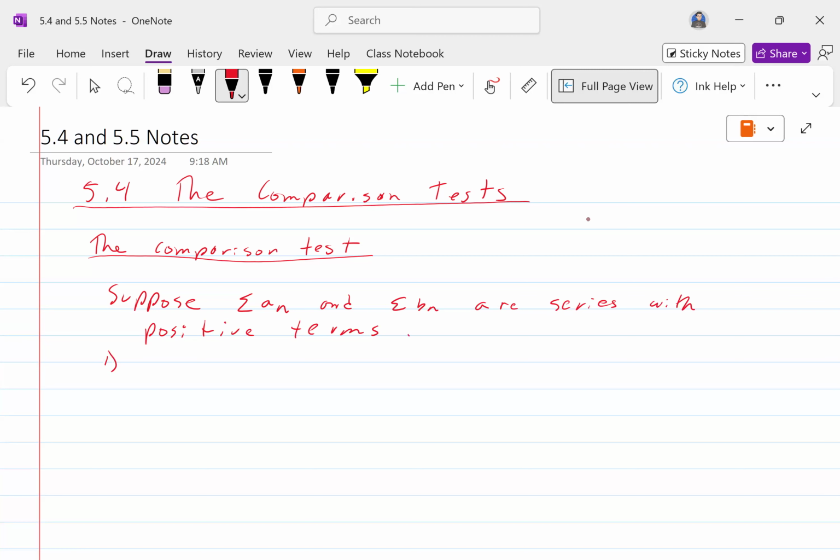Okay, one. If the series B sub n is convergent, and the B sub n terms are always greater than or equal to the A sub n terms for all n, then the A sub n series is also convergent.